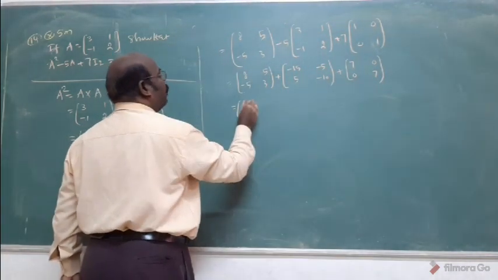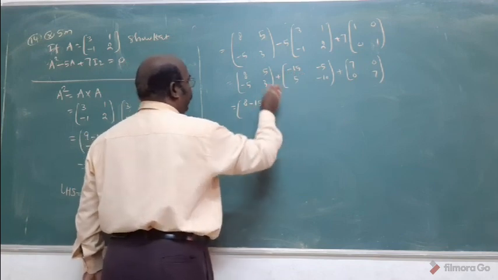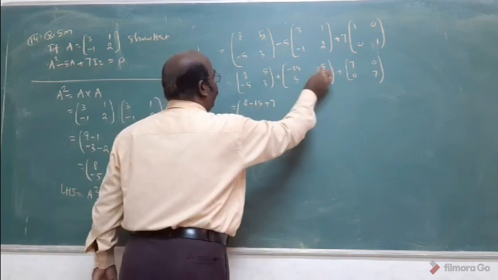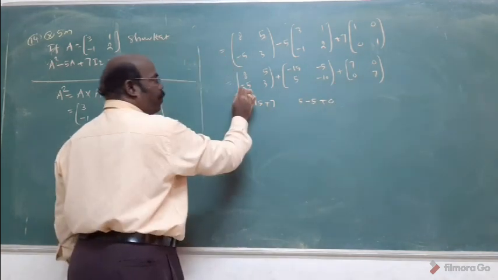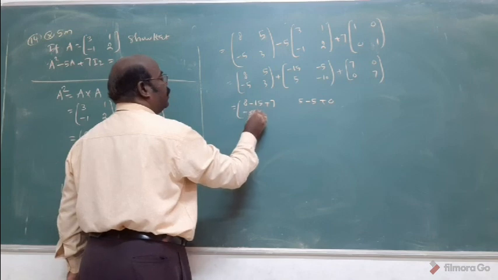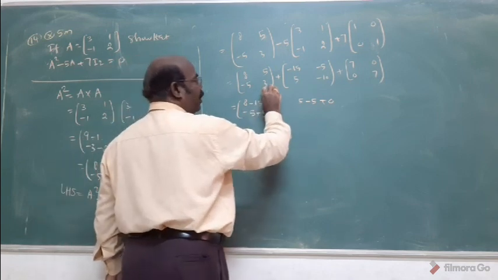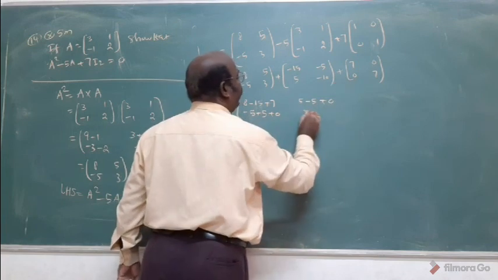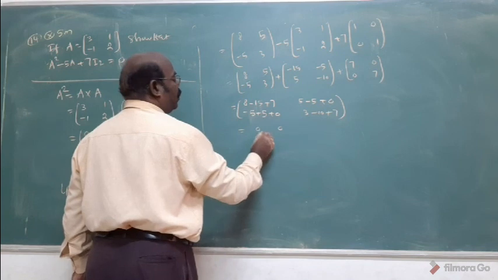The corresponding elements: 8 minus 15 plus 7 is 0. Next, 5 minus 5, 0. Next, minus 5 plus 5, 0. Last one, 3 minus 10 plus 7, 0. Adding all the way, we get 0, 0, 0, 0.